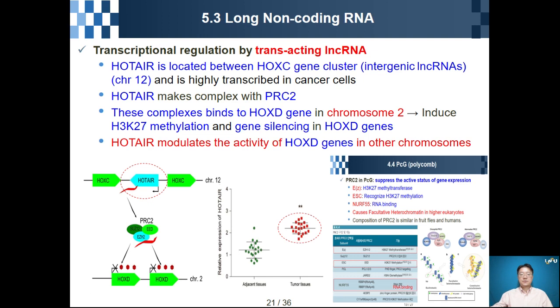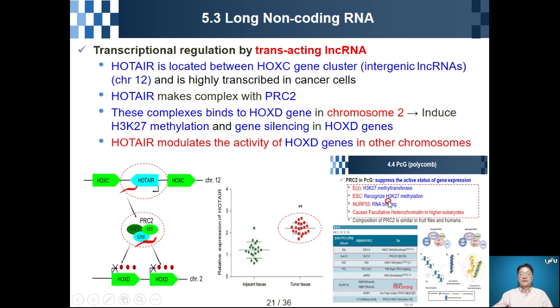So this is a normal cell and this is a cancer cell. HOTAIR also makes a complex with PRC2. In the previous chapter, we learned what PRC2 is. PRC2 has the EZH2 domain. The EZH2 domain has H3K27 methyltransferase activity, and they have the EED domain.